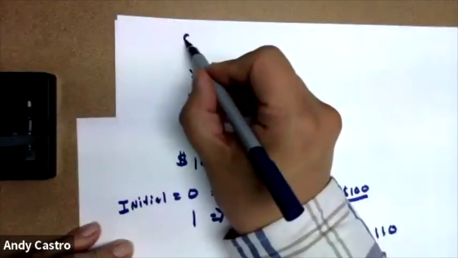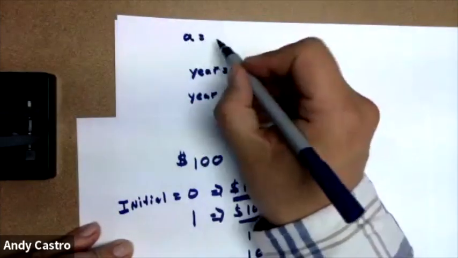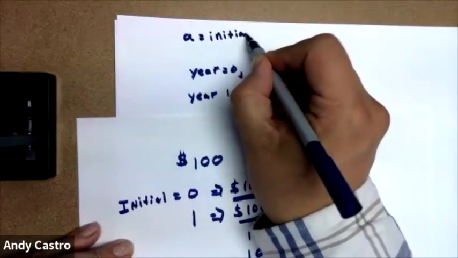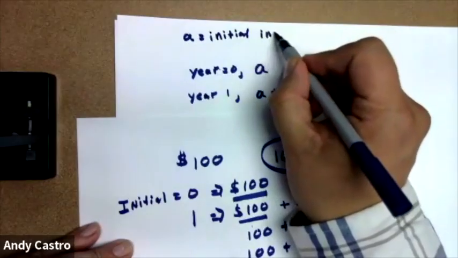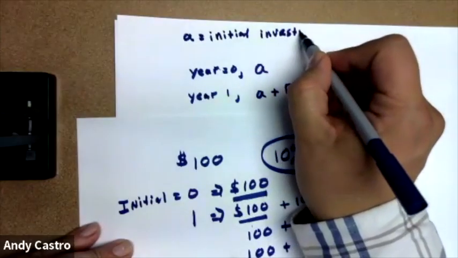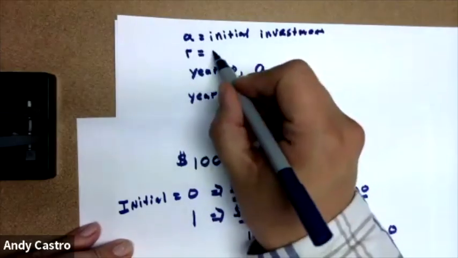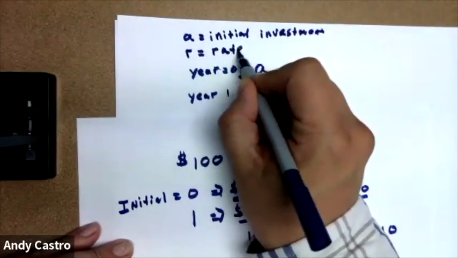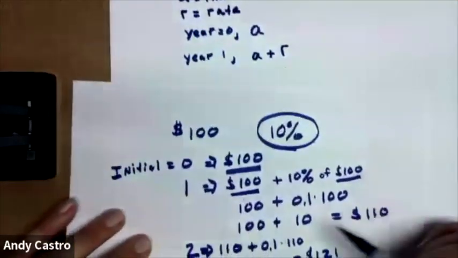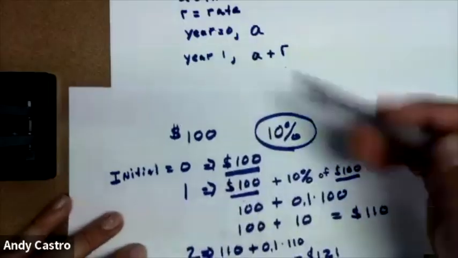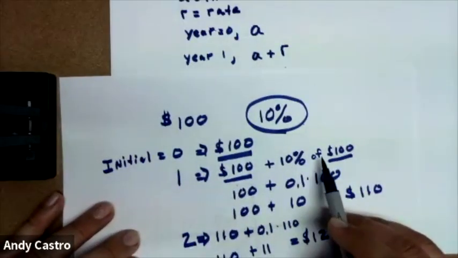So let me define my terms. A is initial investment. R is rate. And that gives me the amount in year one. Sorry, 10%, not just the rate of 100.